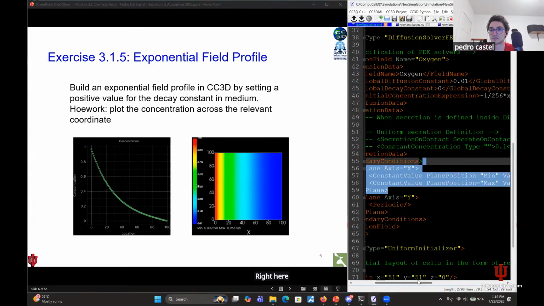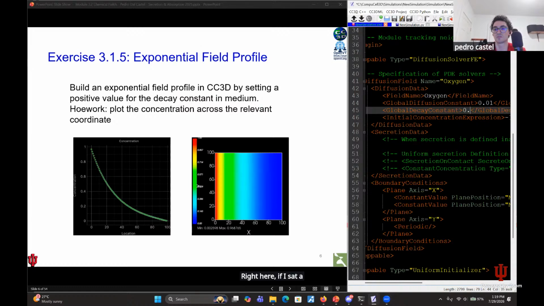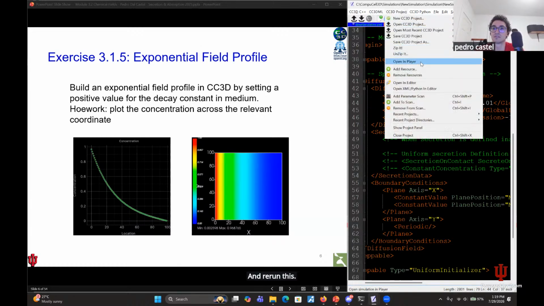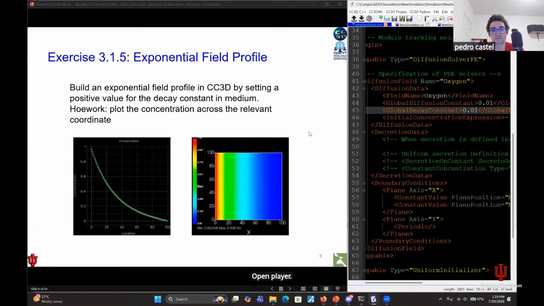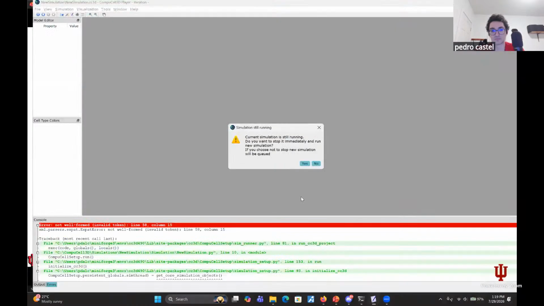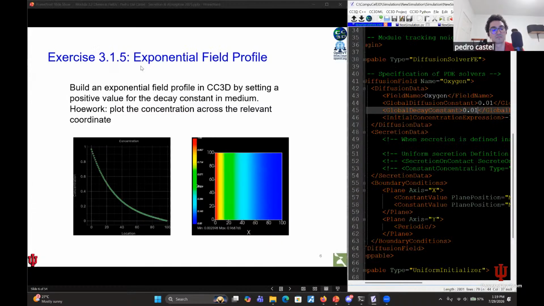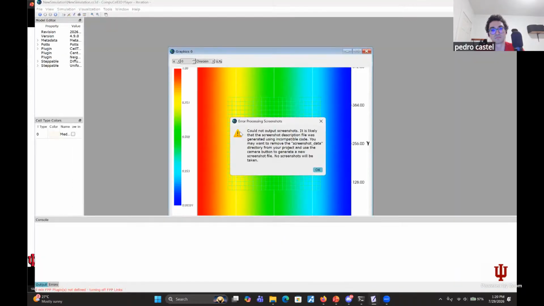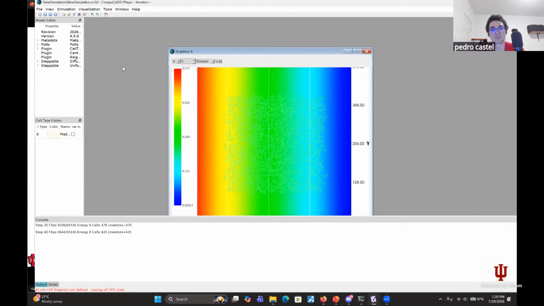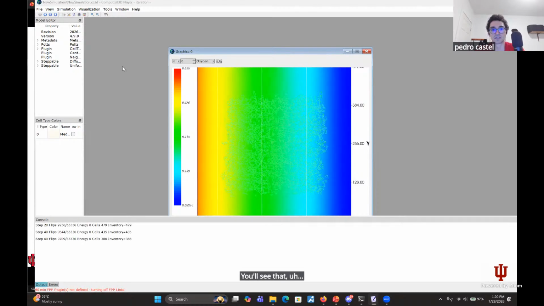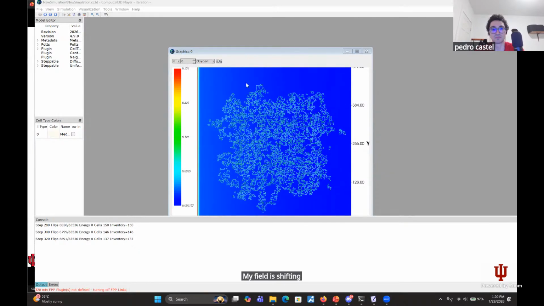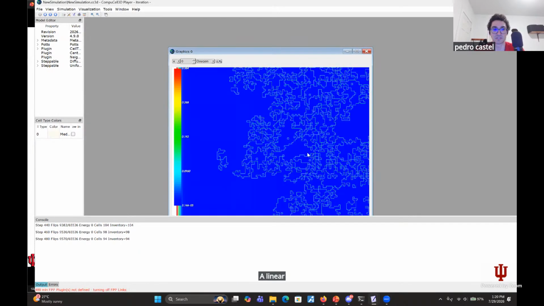Right here, if I set a decay coefficient to 0.01, for example, and save, and rerun this, open in player, you'll see that my field is shifting from a linear gradient to something exponential.